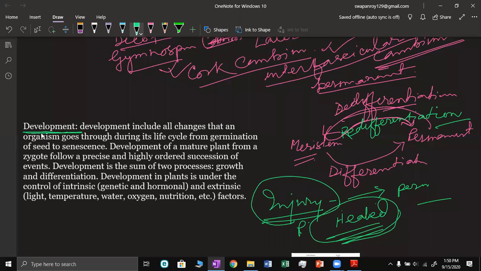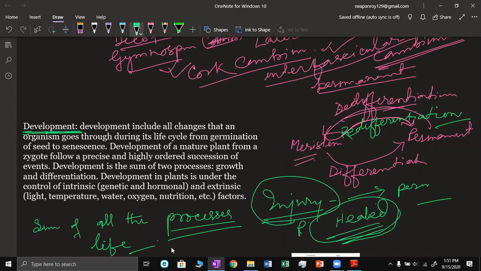Then there is the term development. Actually, growth is one thing and development is another thing. Development is the sum of all the processes that take place in our life, right from our birth to death.